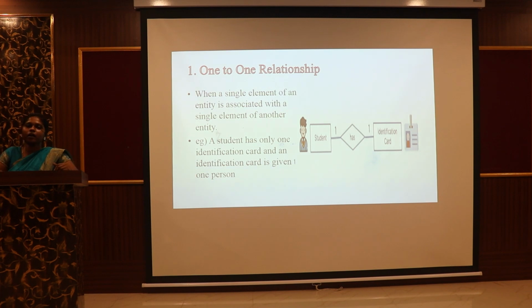He can't have a lot of passports, and one passport belongs to only one person. Another example we can take is a student has an identification card. One student has one identification card from the institute, right? So we can take that as an example for a one-to-one relationship.